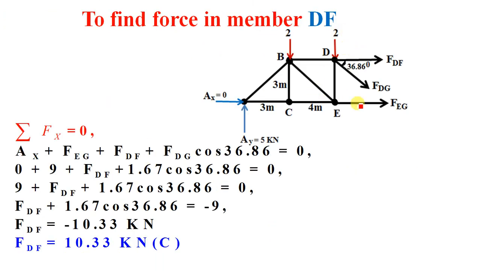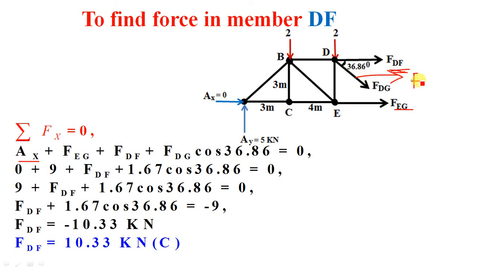Now to find the force in member DF, apply the summation of Fx on the left hand side of the section. Ax, this one, then F of EG, this is F of EG, then F of DF, then the cos component of this. What is the cos component of this?